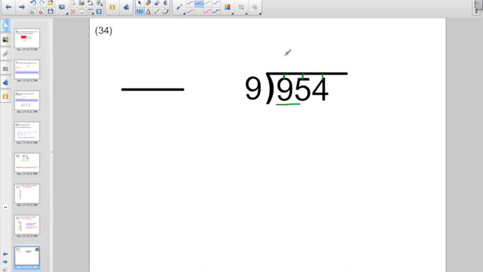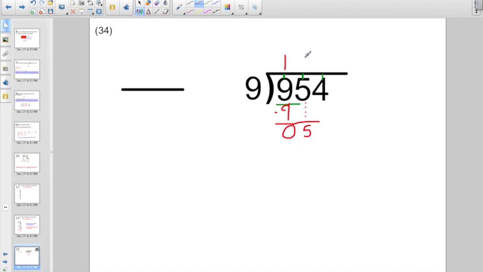9 divides into 9 one whole time, multiplies back for 9, it subtracts for 0. I bring down my 5 and I park it right next to my subtraction answer. And 9 divides into 5 how many times? Does it?